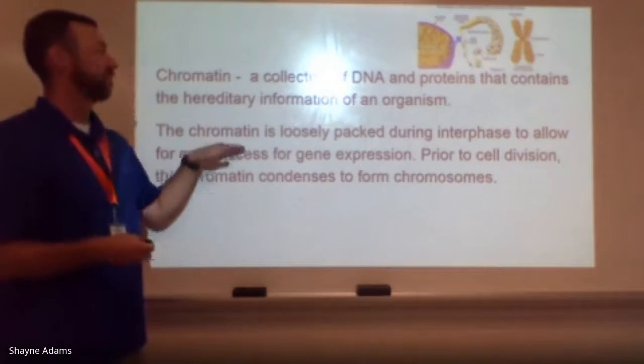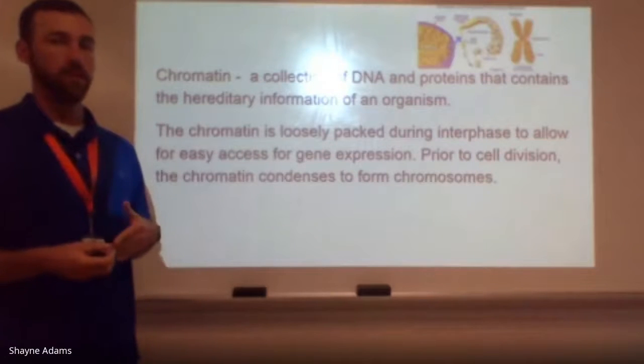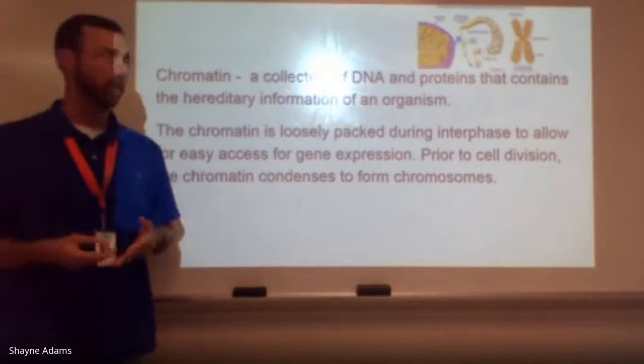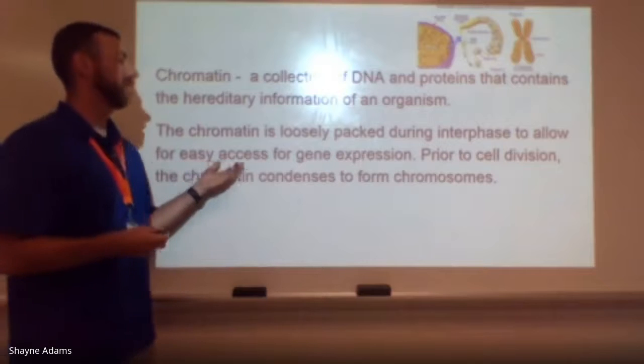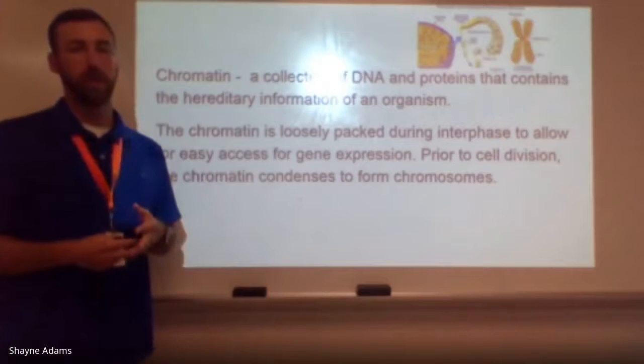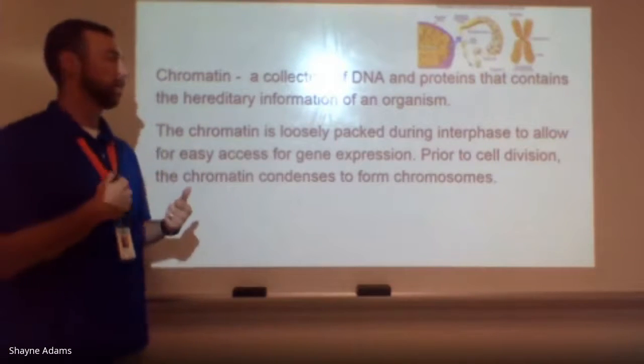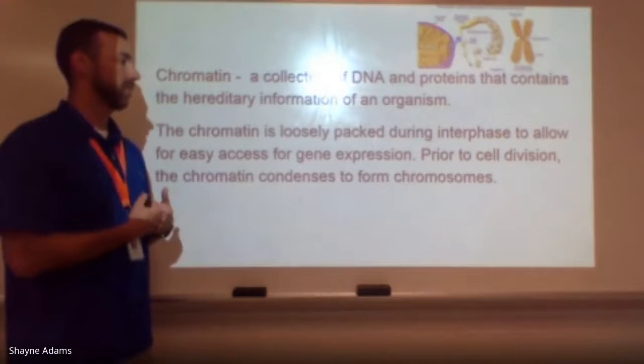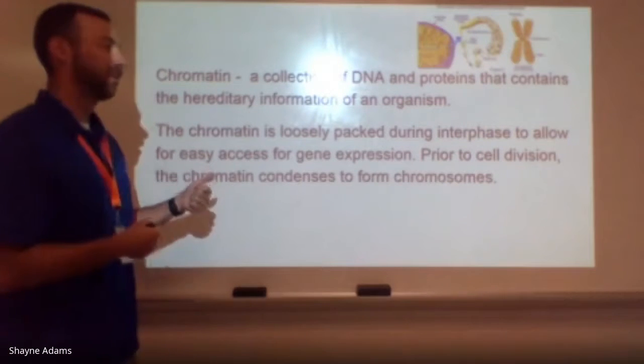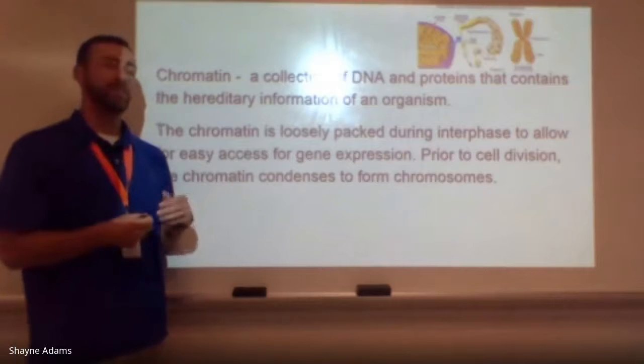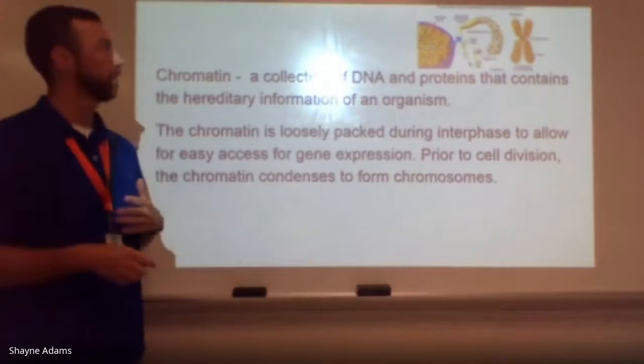So the chromatin is loosely packed during interphase, which is most of the cell cycle, to allow for easy access for gene expression. It allows for proteins to be made. But prior to cell division, the chromatin condenses and forms chromosomes.